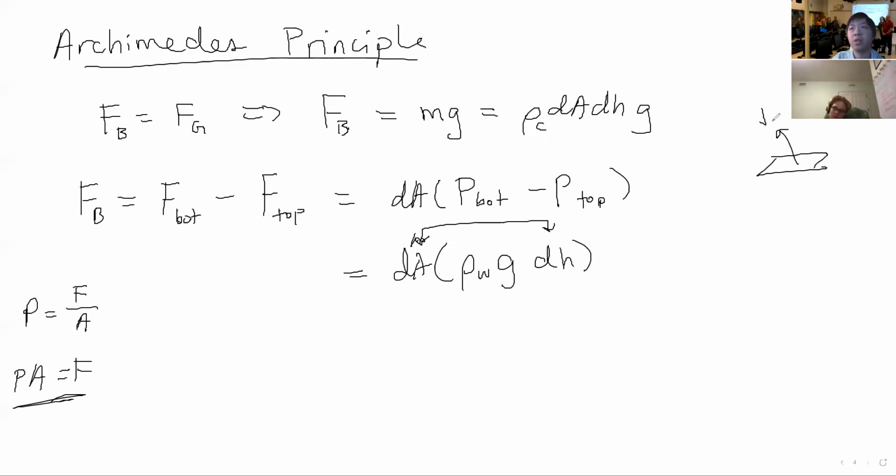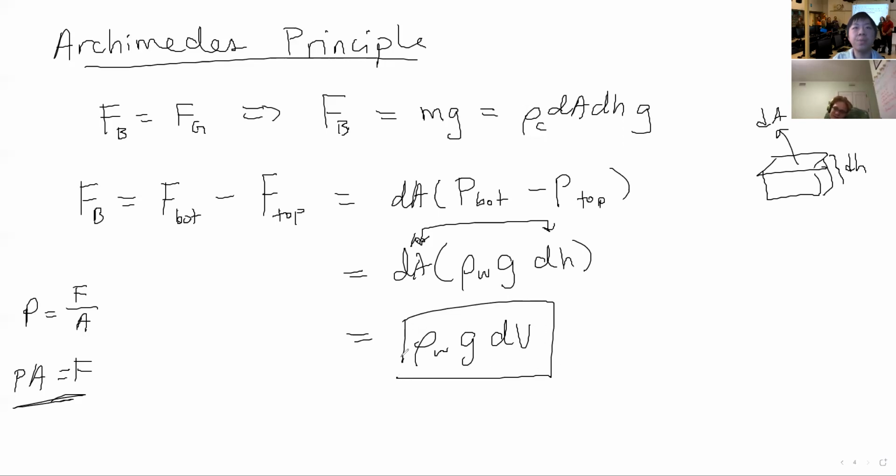Because this is your dA and this is your dh, and if you multiply area by height, you get volume. So this is actually just equal to rho_W g times dV. And this is actually the result that I wanted. So rho_W g dV, right?